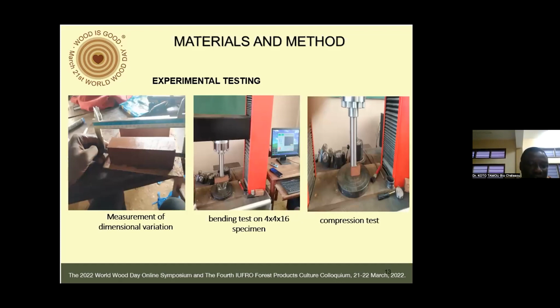The dimensional variation of the geomaterial is evaluated by measuring the variation in the length of 4 by 4 by 60 type specimens. The reading of the dimension of the specimen is done using a digital caliper. The compressive strength was measured using a computer-controlled machine.